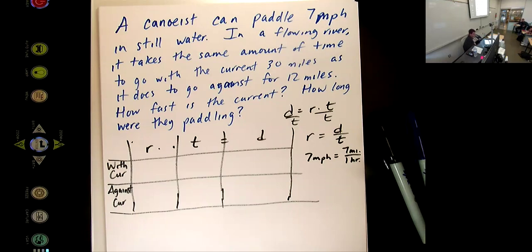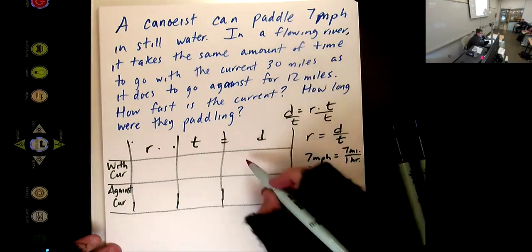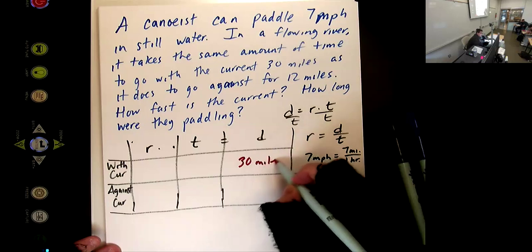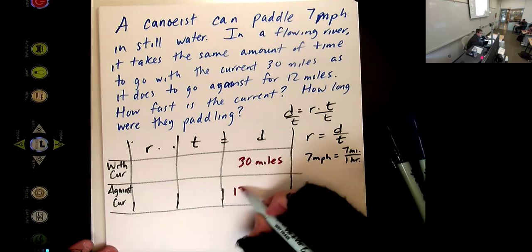Some things are easy to fill in. Going with the current, they went 30 miles. That's under my distance block. And against the current, they went 12 miles.